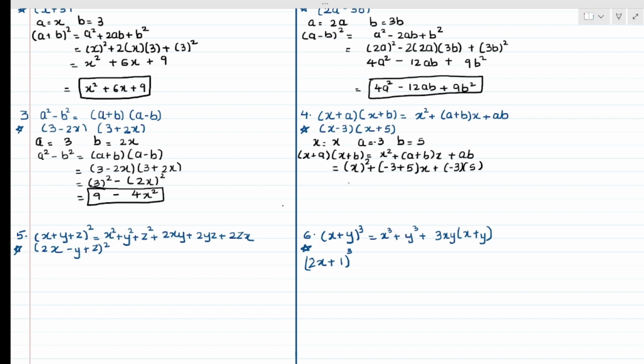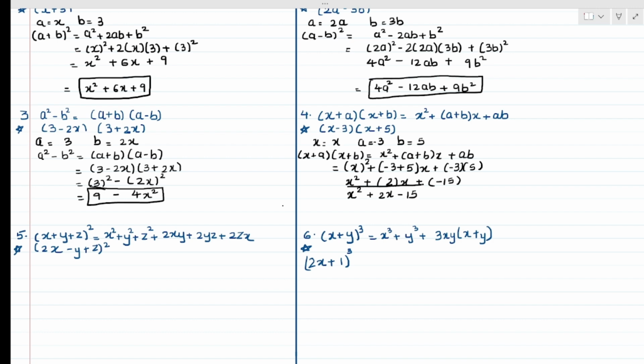So x times x means x square, plus minus 3 plus 5 gives me 2, positive 2x, plus -3 times 5, that means minus 15. Solving it, I get x square plus 2x minus 15.